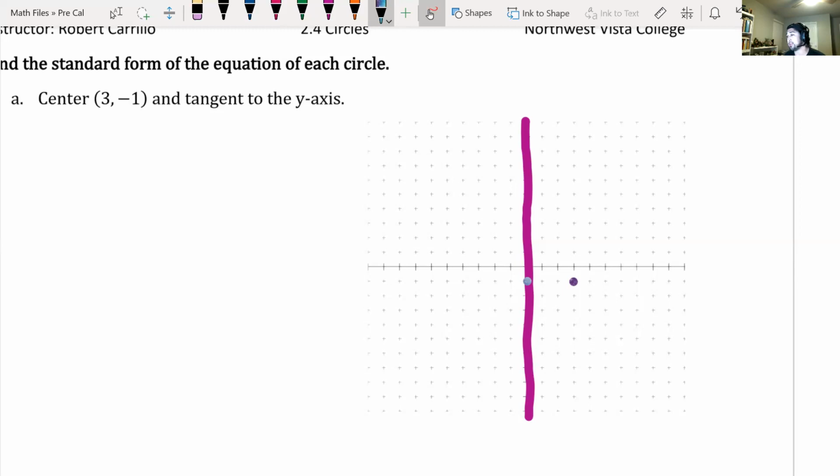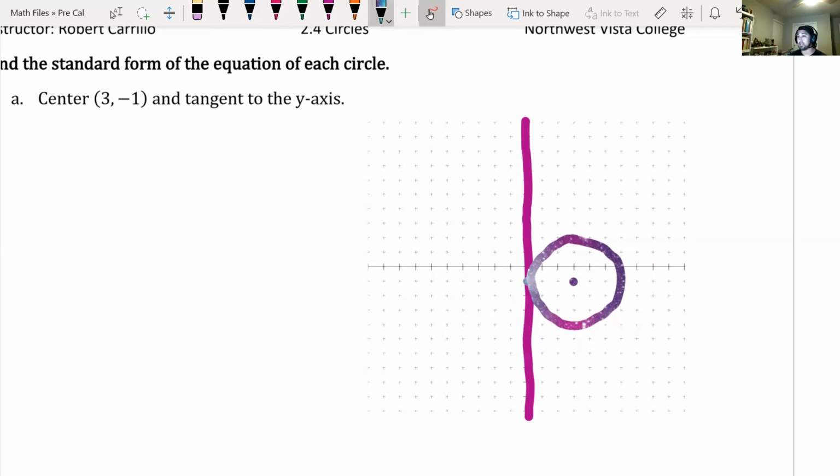If my radius is 3, you'll go 3 to the right, up 3 units, and down 3 units. And there's our circle. To show it being tangent, it just comes down, shares that point, and takes off. So tangent means you share 1 point with a function, and that's it.